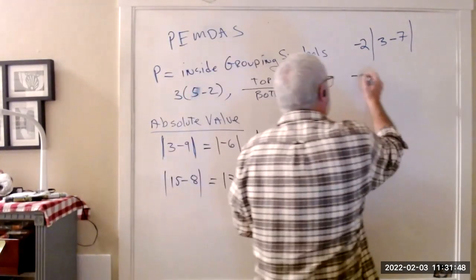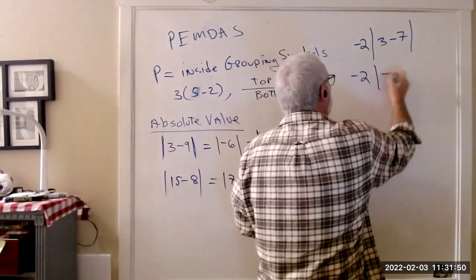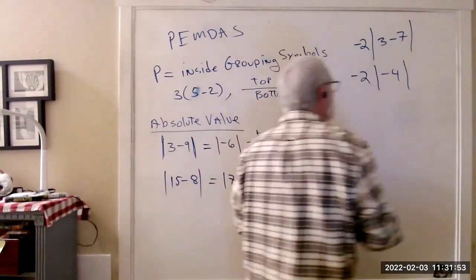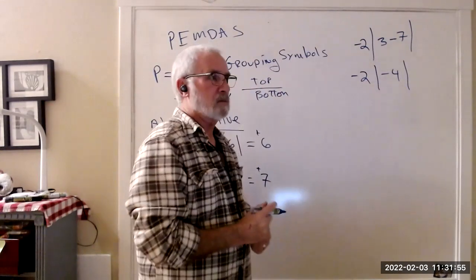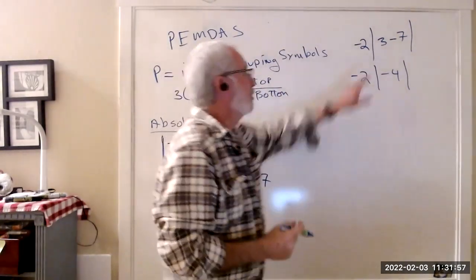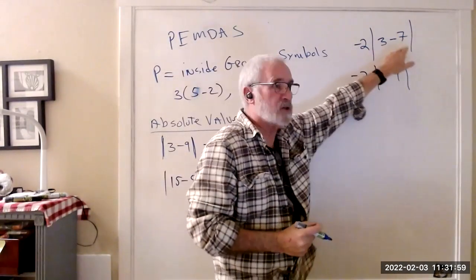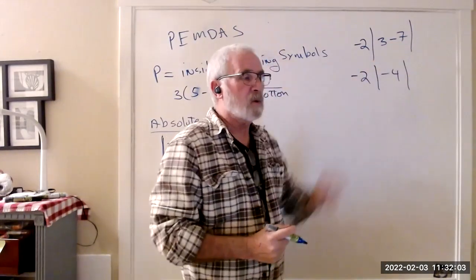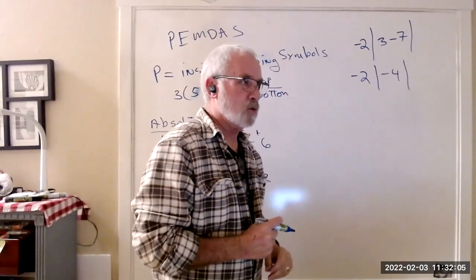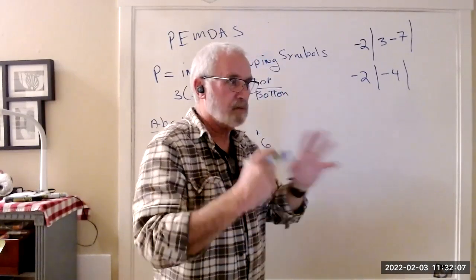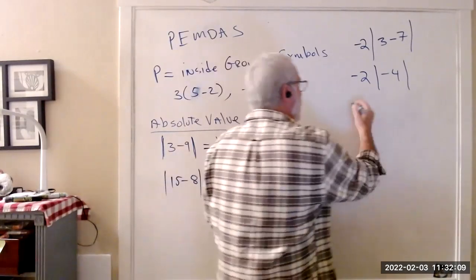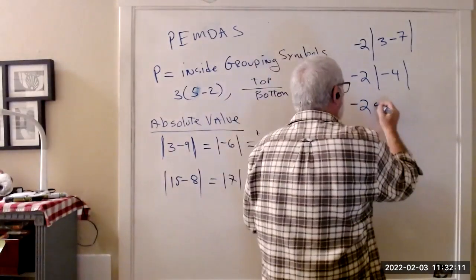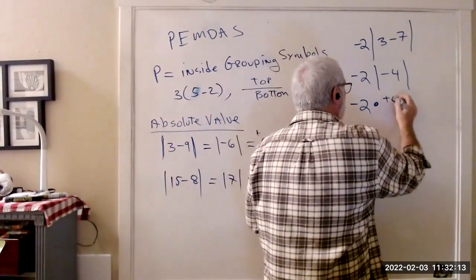So this is -2 times the absolute value of -4. So you did it inside. 3 take away 7 is -4. But what does the absolute value do? It turns it positive. So this is -2 multiplied by +4.